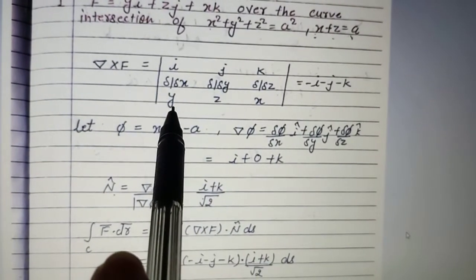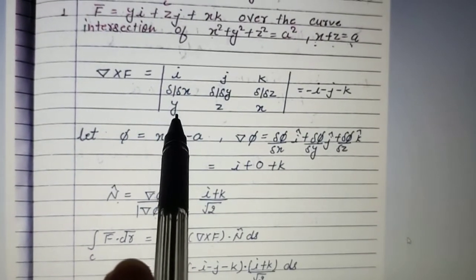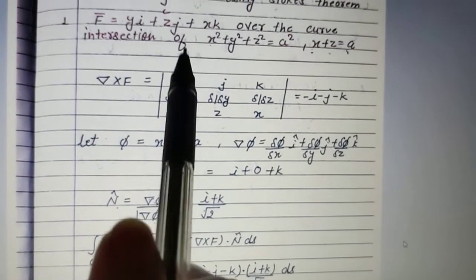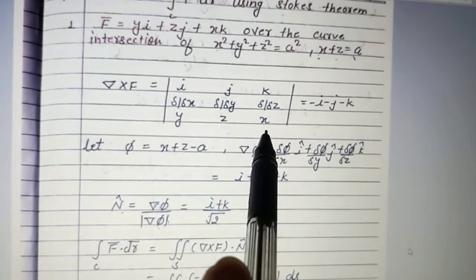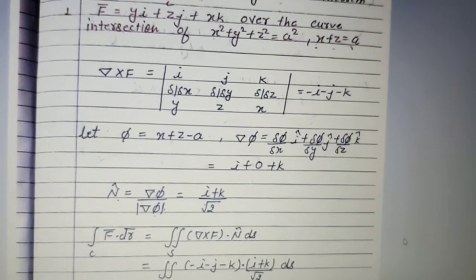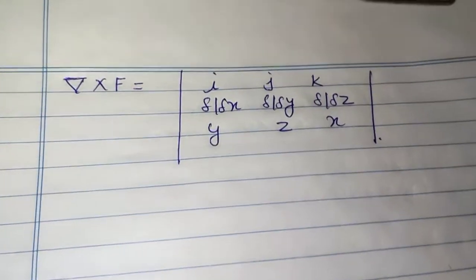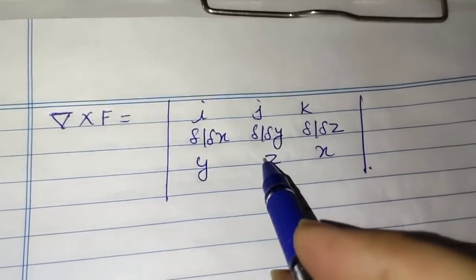In the third row we will write the coefficients of i, j, k in vector f, which are y, z, x, and solve this. See, this is the del cross f value.